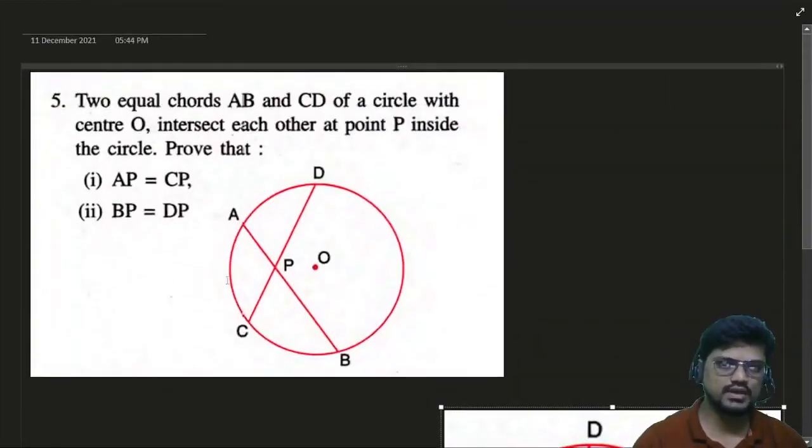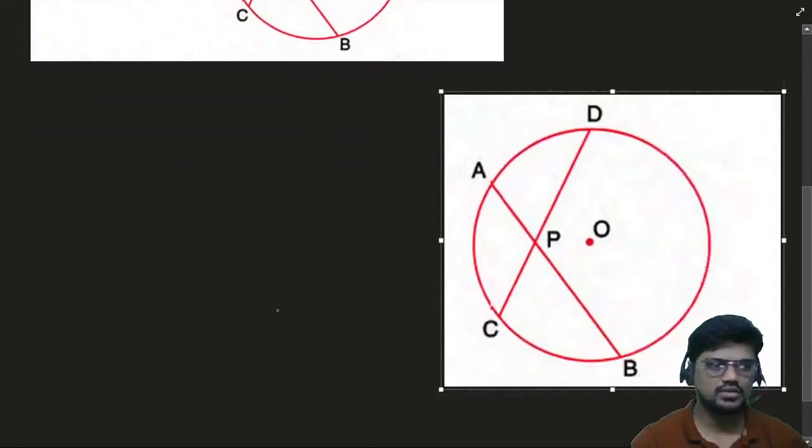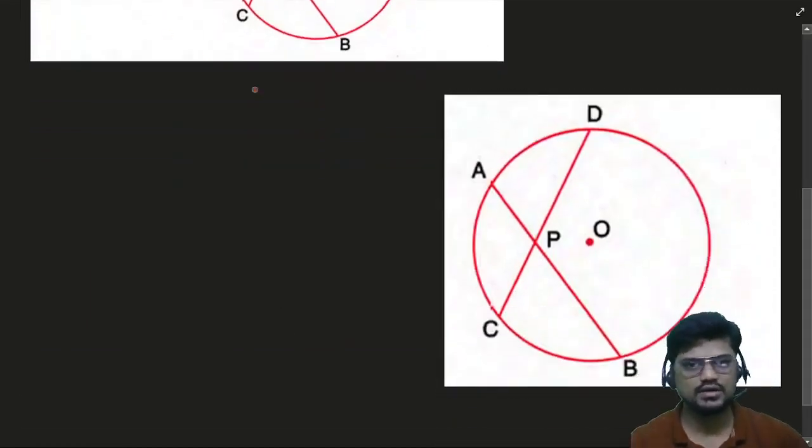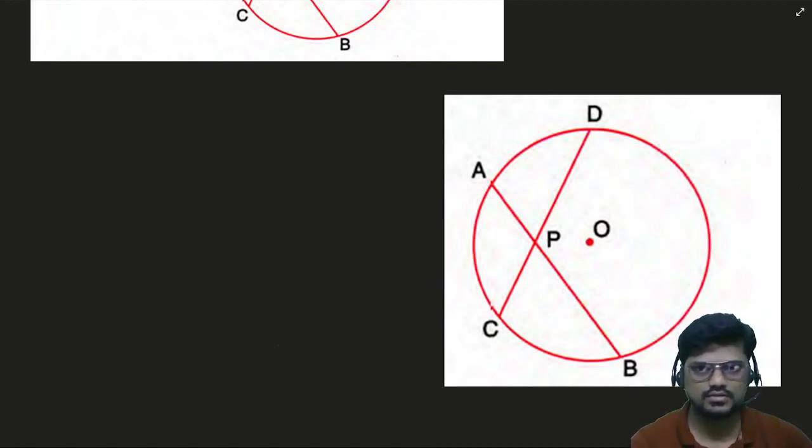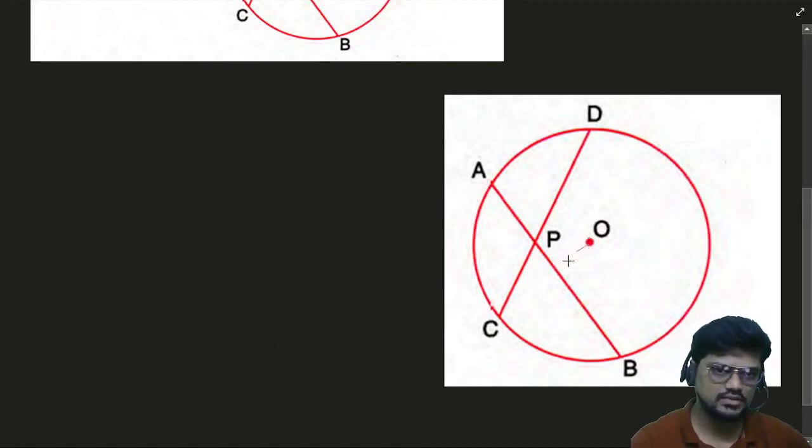See, what you have to prove is that AP is equal to CP, right? So what we can write over here: draw a construction where this line is perpendicular to this, and there is one more line which is perpendicular to this.